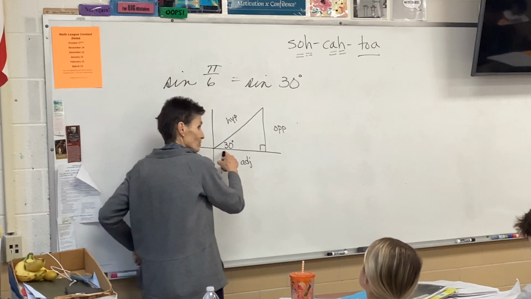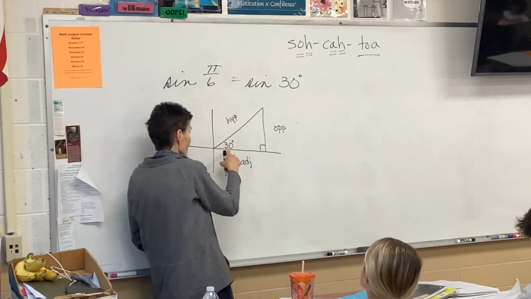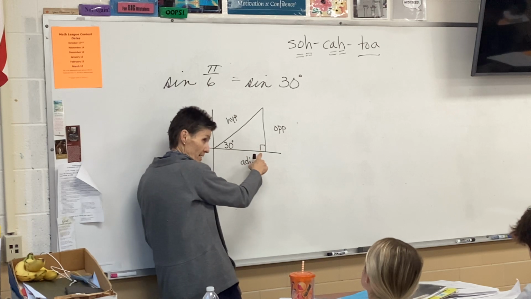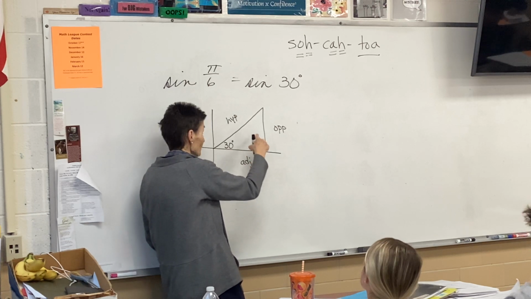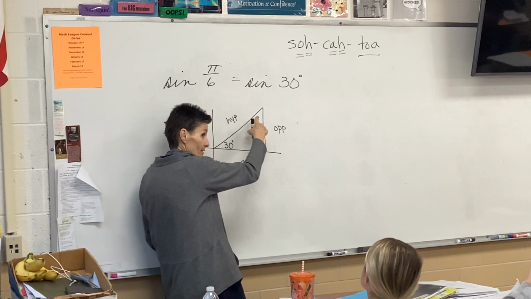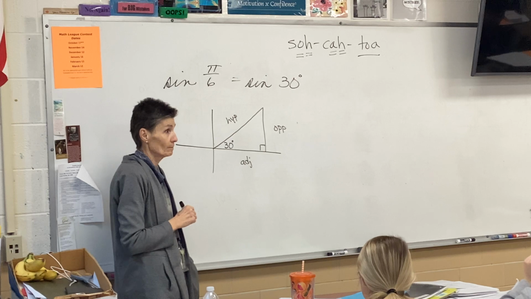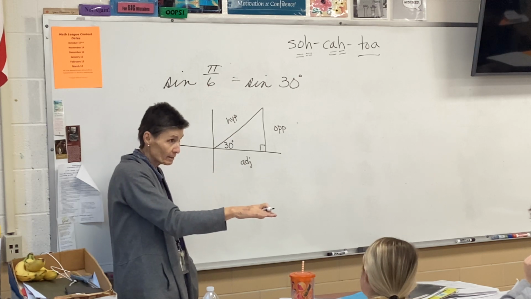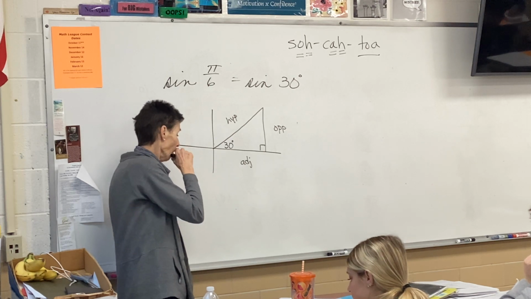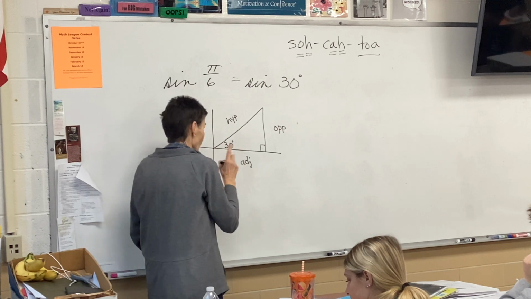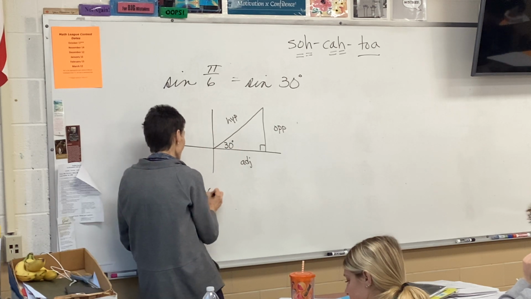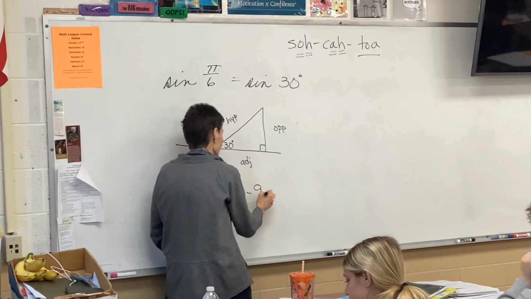What kind of triangle is this? That's a 30, that's a 90, and this is a 60. This is a 30, 60, 90 triangle. On your orange sheet, you were asked to memorize the sides of a 30, 60, 90.